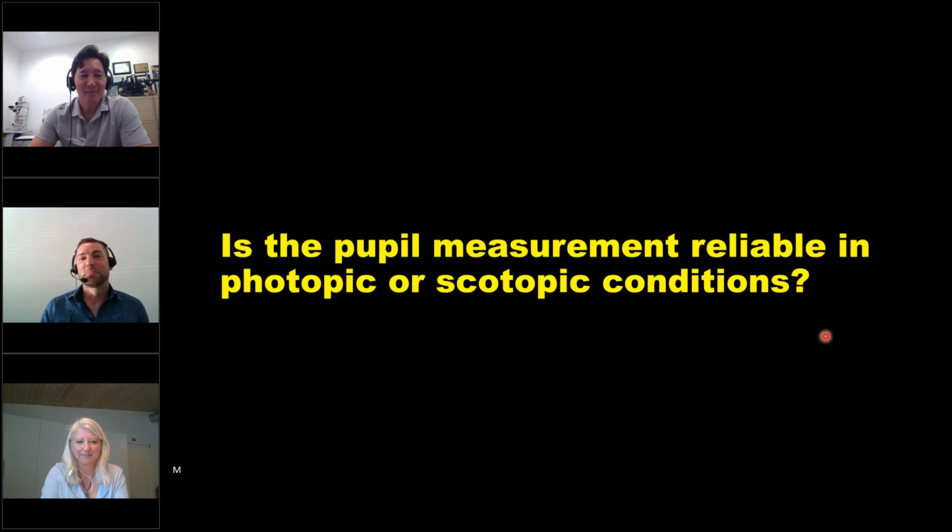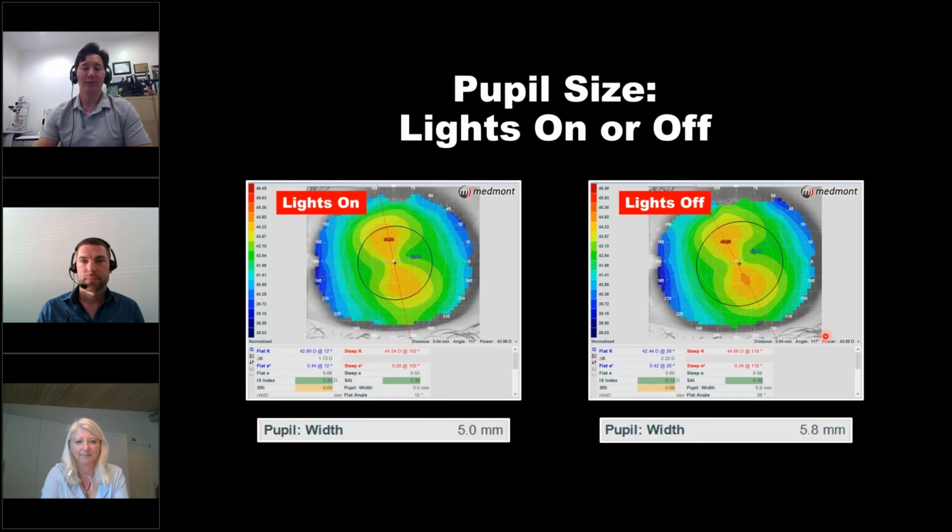Next question is, is the pupil measurement reliable in photopic and scotopic conditions? From a previous session, we discussed how we might do topography both with the lights on and with the lights off to understand the range of pupil size, especially as it relates to any kind of presbyopic contact lens fitting when we may not have a really large optic zone size.